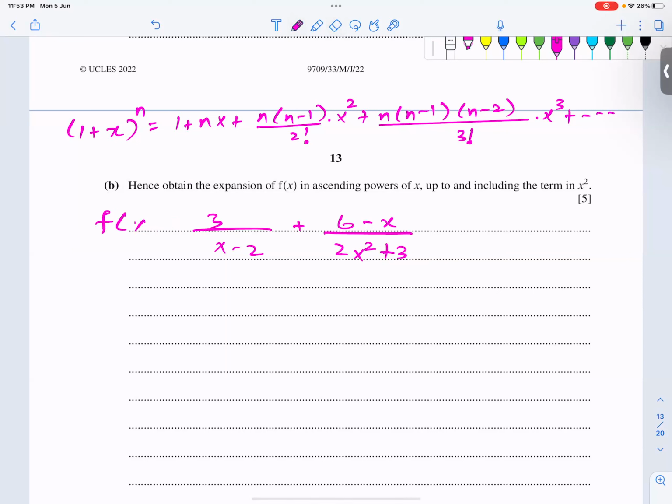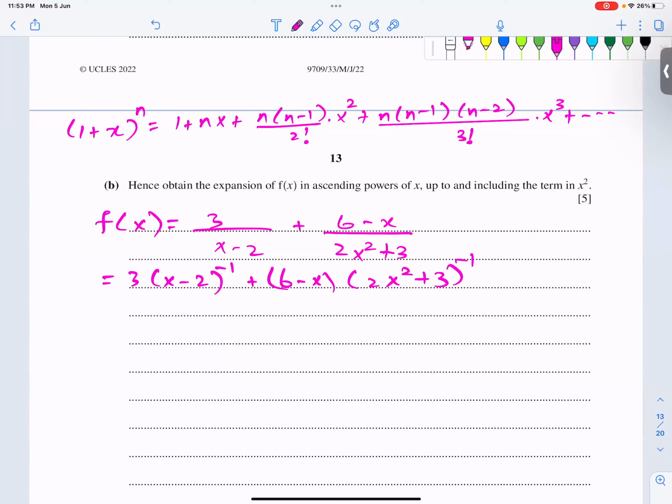Now f of x is equal to 3 over x minus 2. First write it as 3 times x minus 2 to the power minus 1 plus 6 minus x into 2x square plus 3 to the power minus 1.